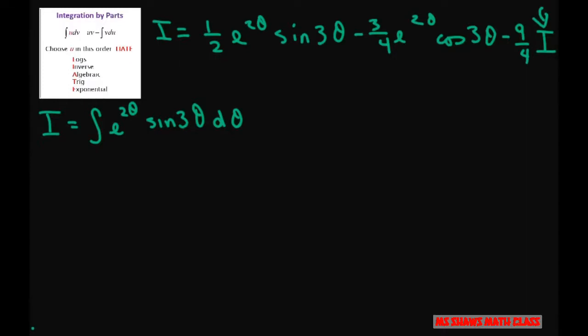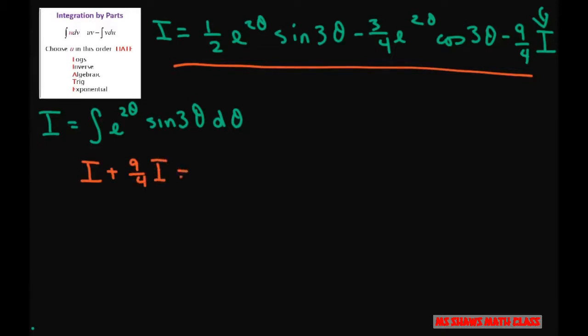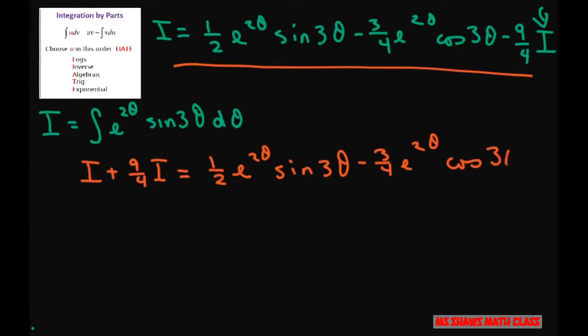So basically, with this line here, you're going to write it as I plus 9/4 I equals 1/2 e to the 2 theta sine of 3 theta minus 3/4 e to the 2 theta cosine of 3 theta plus C1.